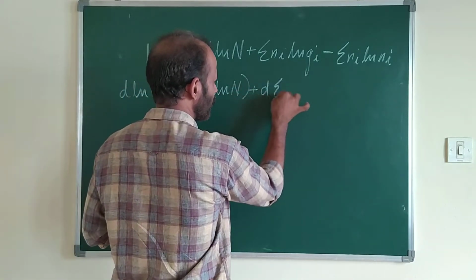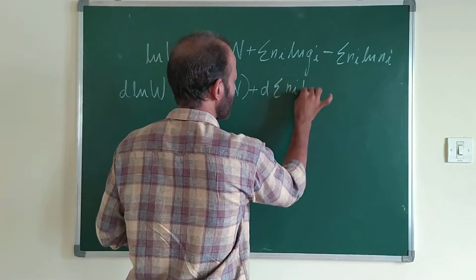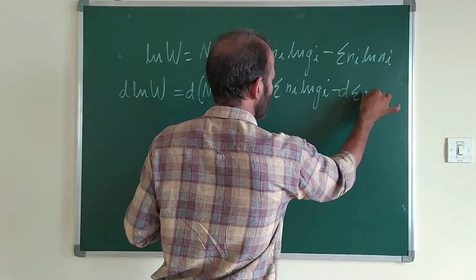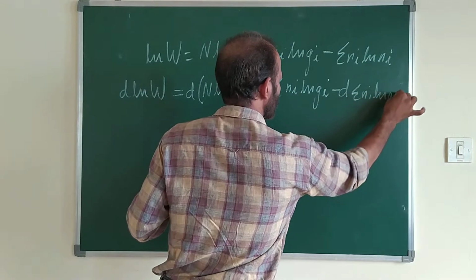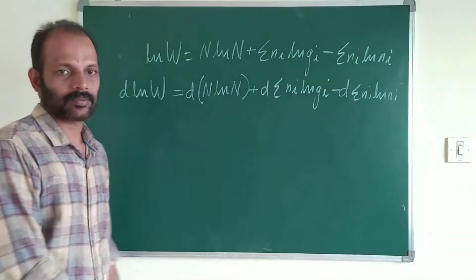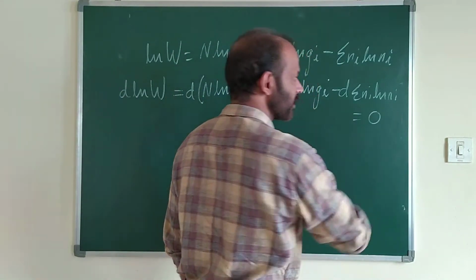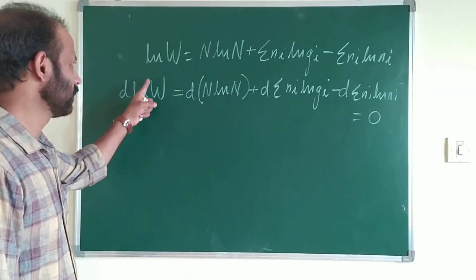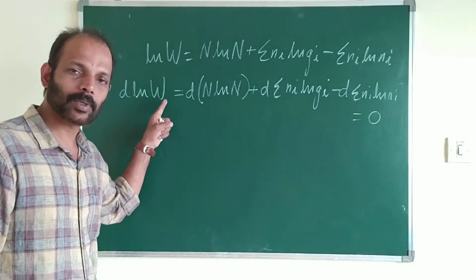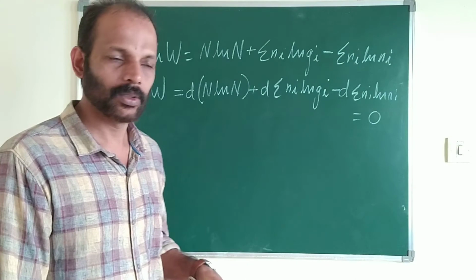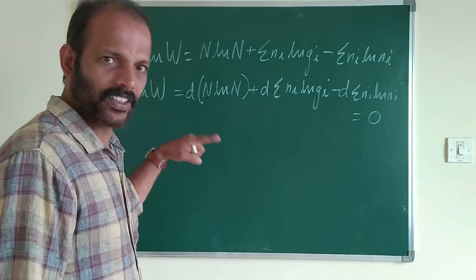plus the differential of ln W, which is equal to 0, because the maximum probability is 1, so its differential is 0, or its log itself is 0.